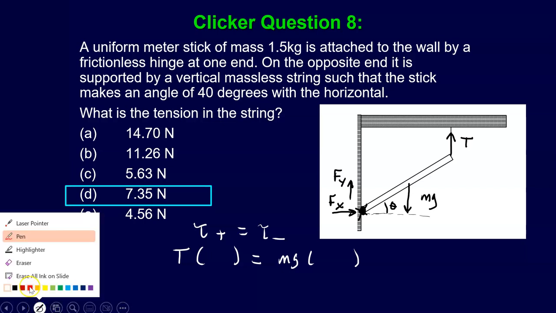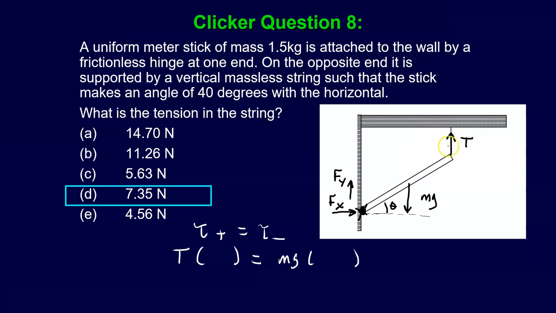With the tension, we draw the line of action, this imaginary line through the force, and then find the shortest distance between the axis and this line of action. Another way to think about it is the component of the stick's length that's perpendicular to the tension. That's what gives us our moment arm.